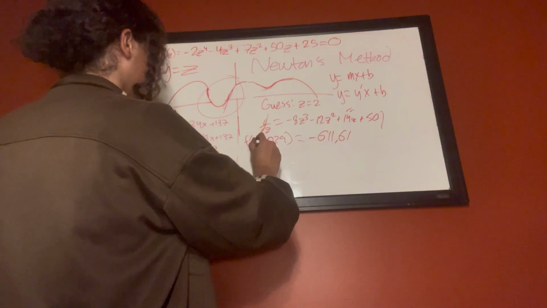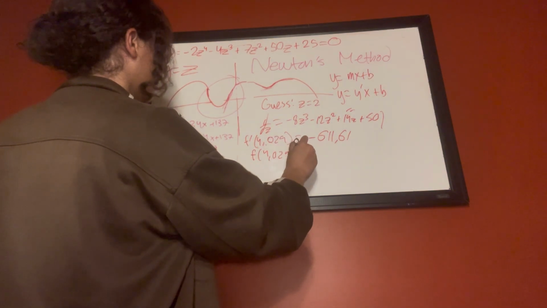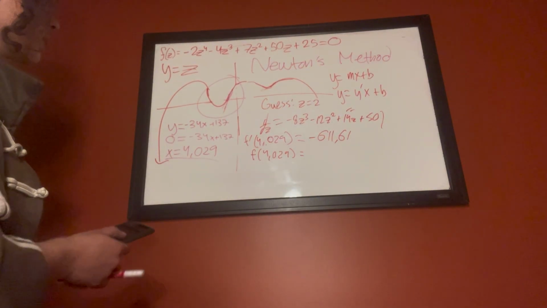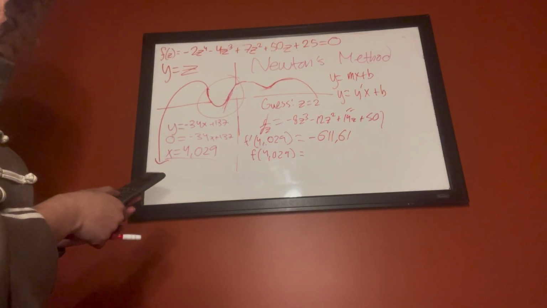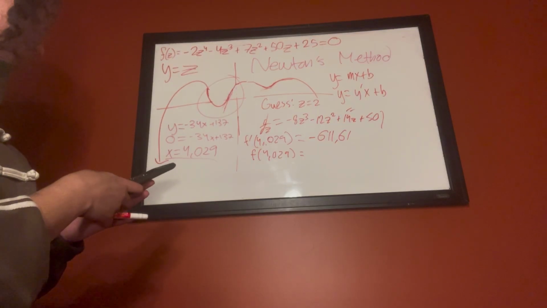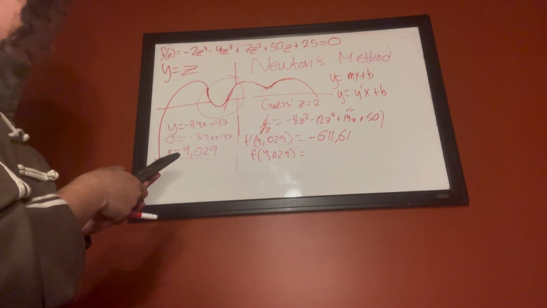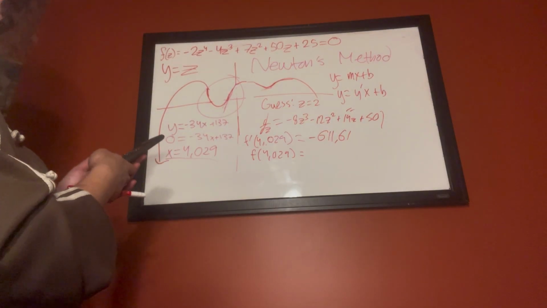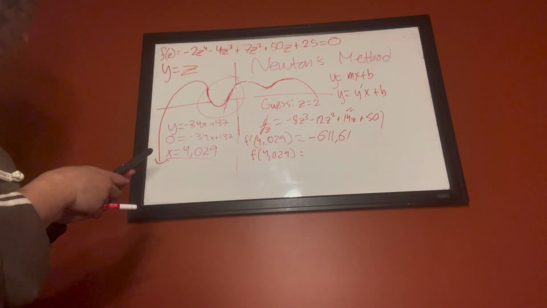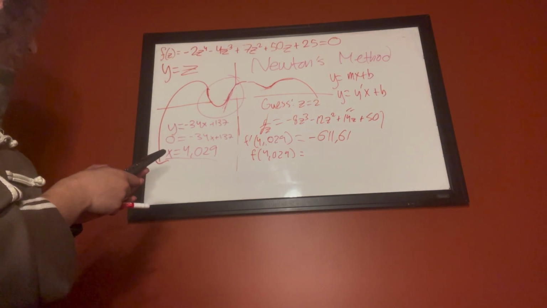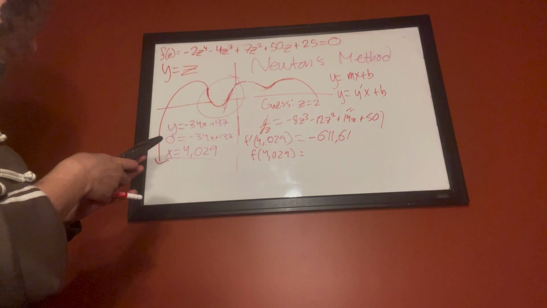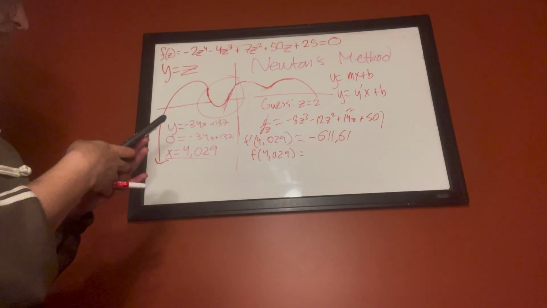So now f of 4.029 is equal to, oh wow, it's daunting. 4.029 raised to the 4 times minus 2, minus 4 times 4.029 raised to the 3, plus 7 times 4.029 squared, plus 50 times 4.029 plus 25.